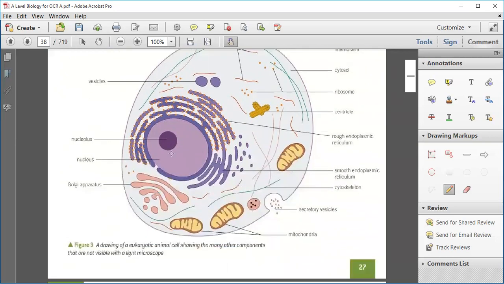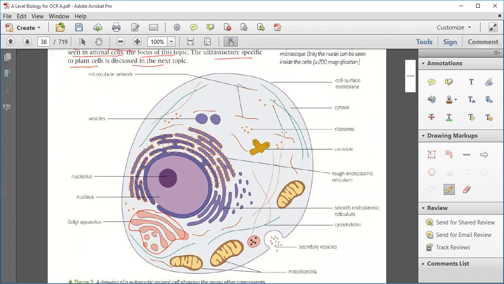Now this is a cell, a drawing of the eukaryotic animal cell showing many components. This is the nucleus, and this is the nucleolus. This whole thing is the Golgi apparatus. This is the mitochondria.